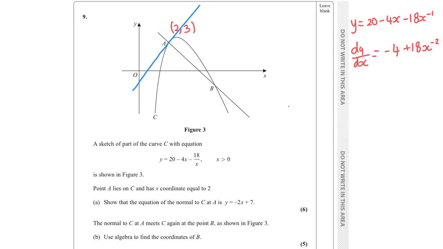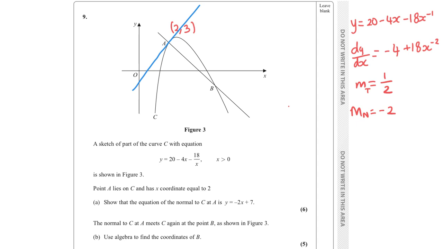I'm now going to substitute in the value of 2 to find the gradient. So minus 4 plus 18 times 2 to the power of negative 2 is a half. So the gradient is a half of the tangent. That means the gradient of the normal is the negative reciprocal, which is minus 2.